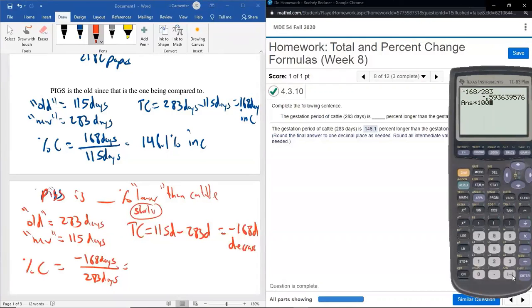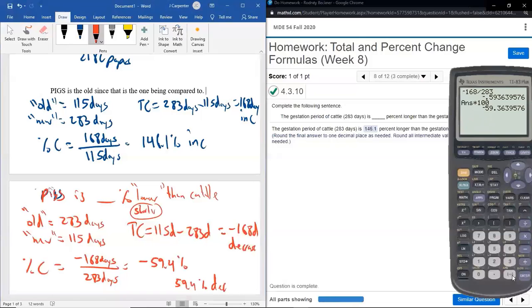We multiply that by 100 to convert it to a percent. And rounded to the nearest tenth, that would be negative 59.4%. So that's a 59.4% decrease in the length of gestation period when you consider the cattle the baseline.